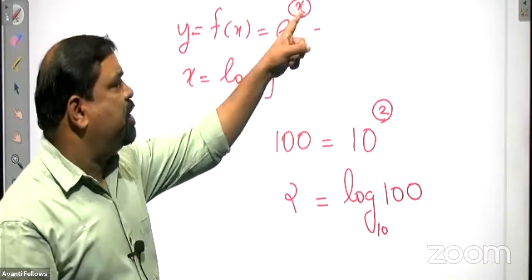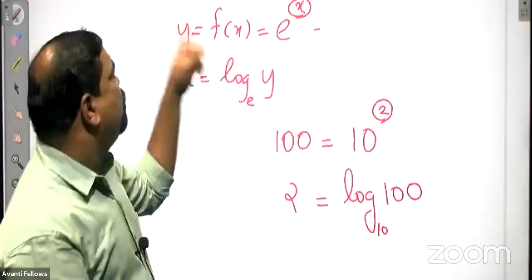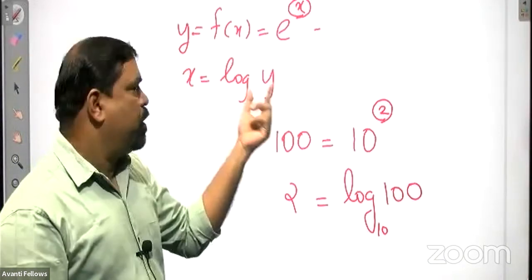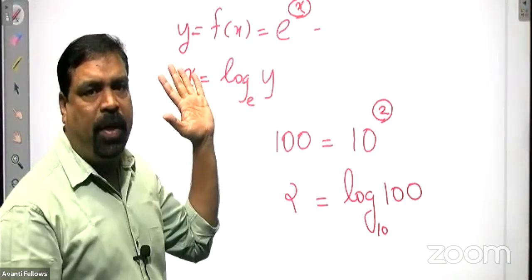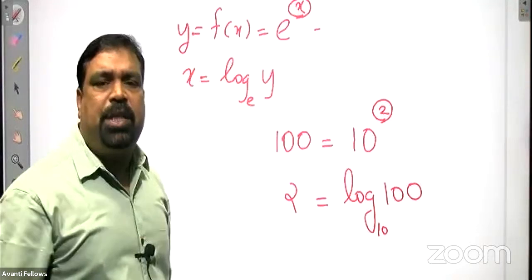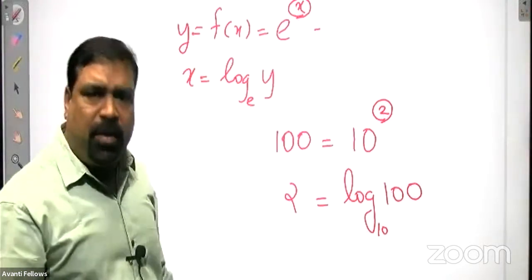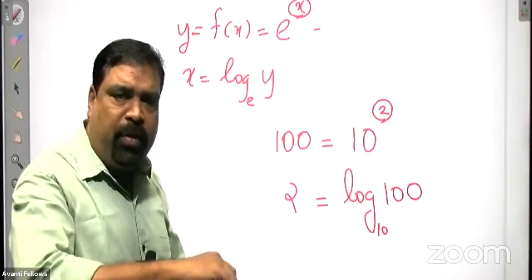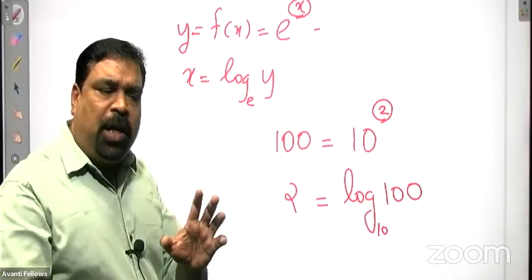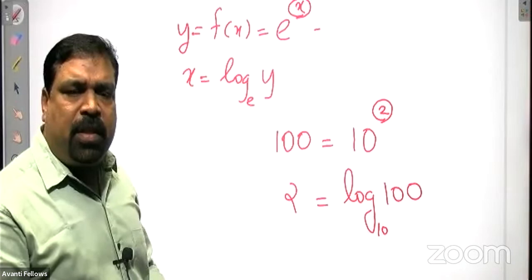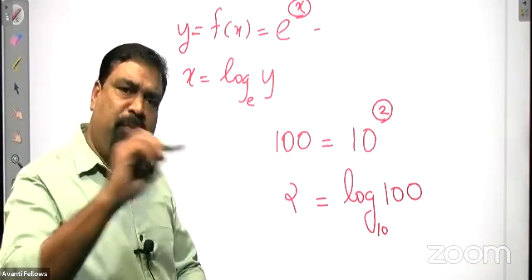This value x is called the logarithm of y to the base e, and that is called the natural logarithmic function, the inverse function. The inverse of the natural exponential function is called the natural logarithmic function.